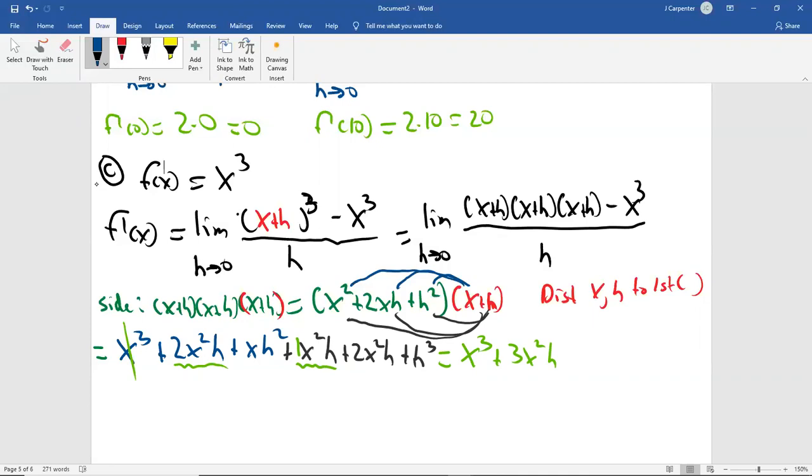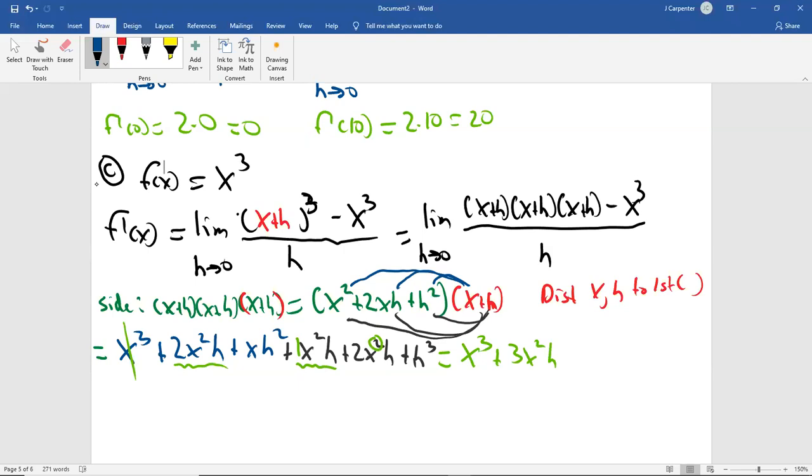Then we have an xh squared and a 2x squared. Did I write something wrong somewhere? 2x squared, xh squared. I did something wrong, didn't I? The h times the 2xh should have been 2xh squared. This 2 right here I have wrong.